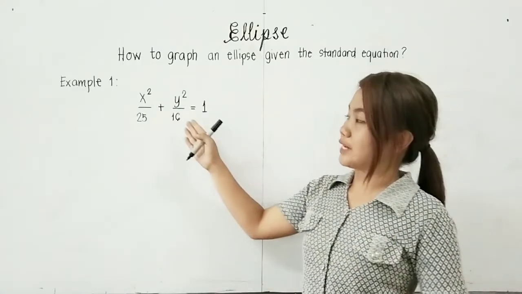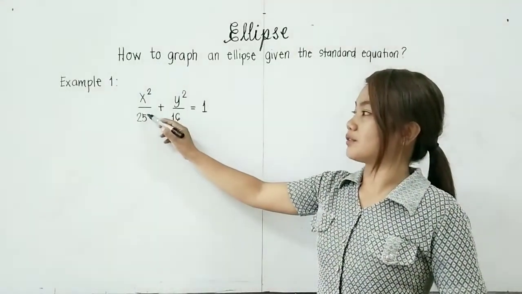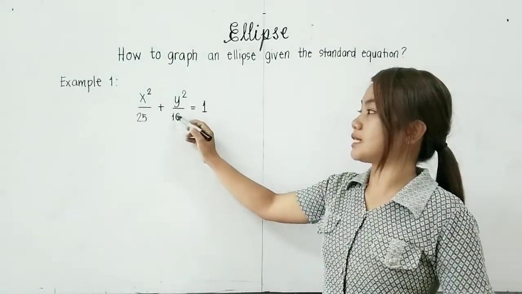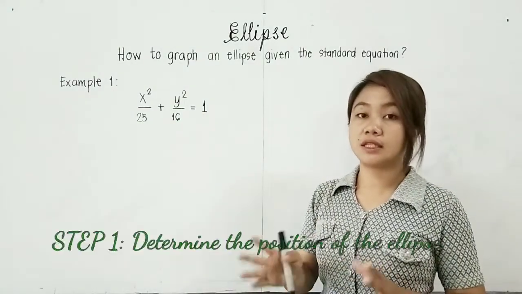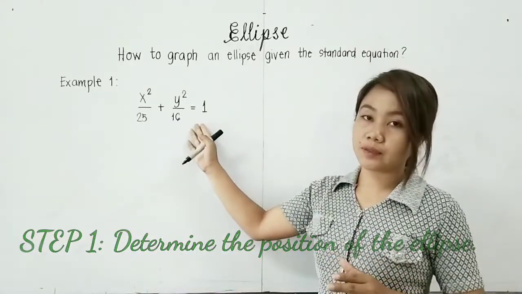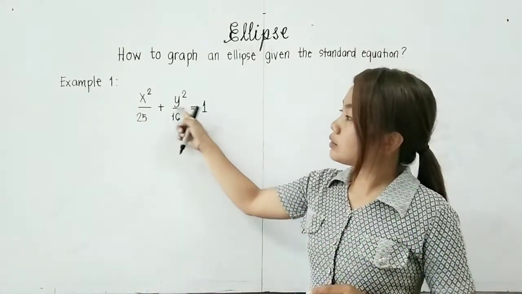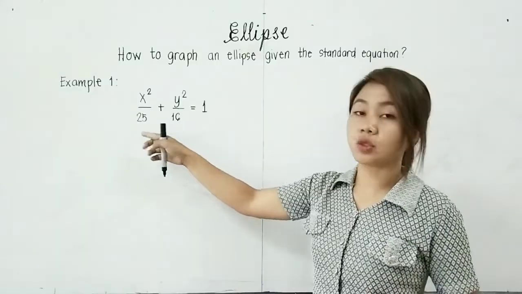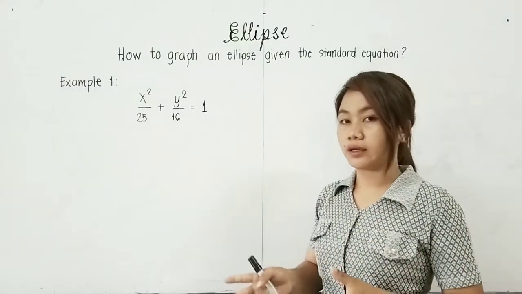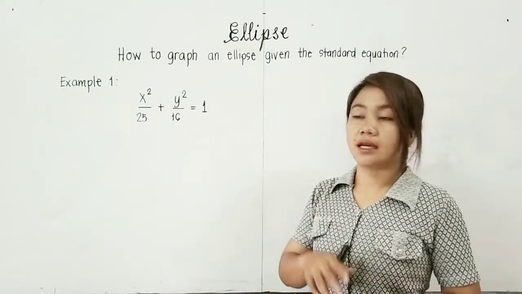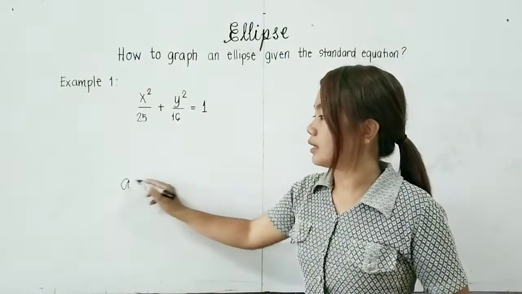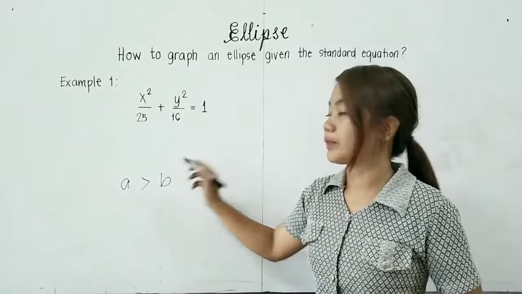So we have here our example 1, x squared over 25 plus y squared over 16 is equal to positive 1. The first thing to do is to determine the position of this ellipse. Now, we don't know here which is our a squared and our b squared. So let us go back to our discussion earlier. We said that a is always greater than b.